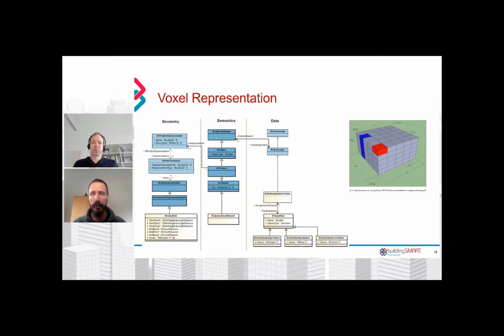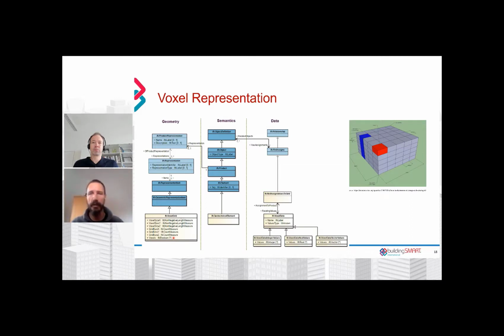And this kind of representation, because it's an indexed representation where the voxels as IFC Boolean are defined in a geometric representation, can then be reused by the product to attach data to it. And the whole idea of data being attached to a product was also pretty much abstracted.